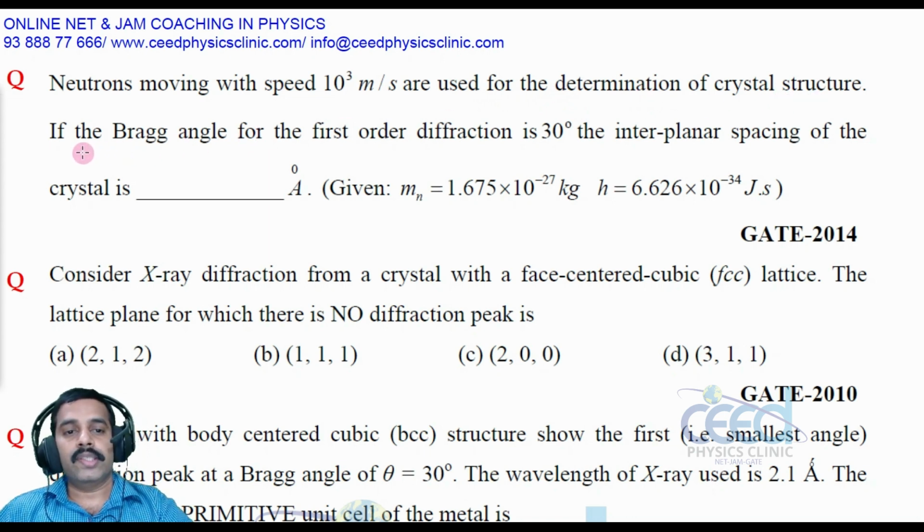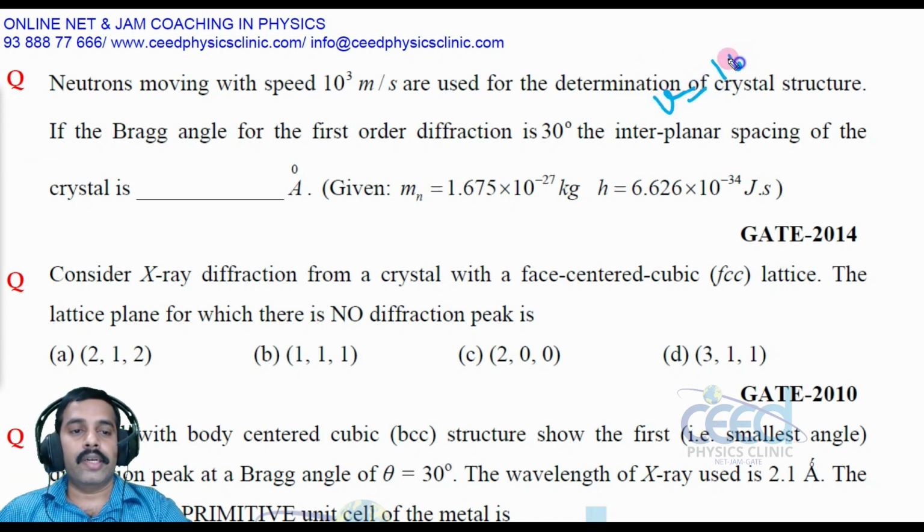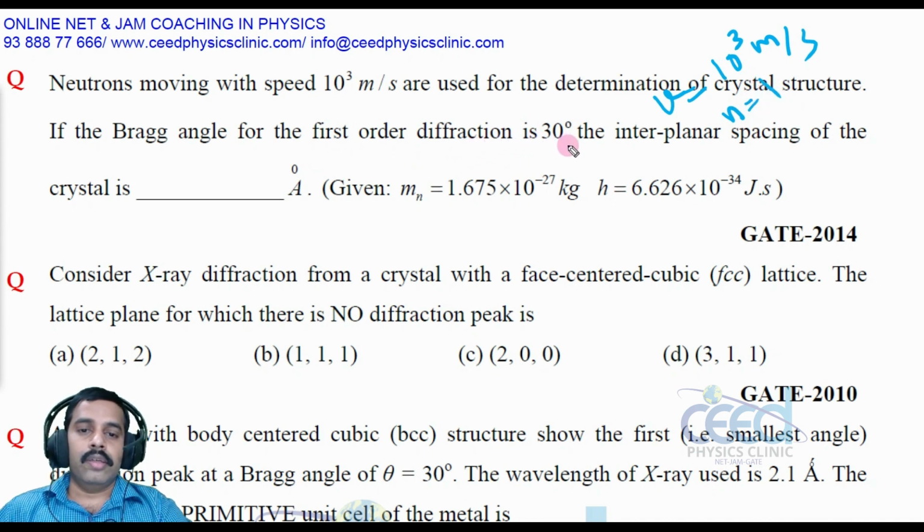So velocity is given, let us write the parameters: 10 raised to 3 meter per second. If the Bragg angle for the first order diffraction, that means n is equal to 1, is 30 degree, theta is equal to 30 degree, the interplanar spacing of the crystal is, so we need to find the interplanar spacing.